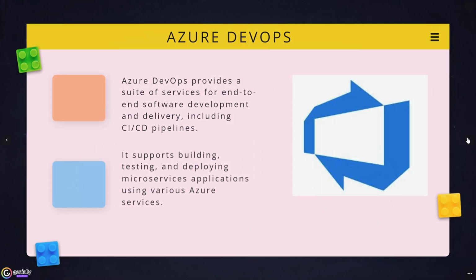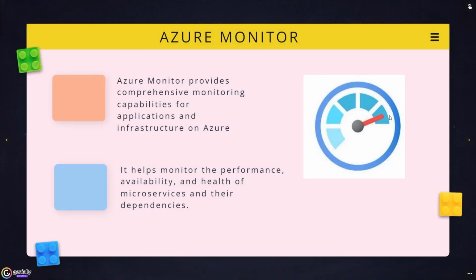Azure Monitor provides comprehensive monitoring capabilities for applications and infrastructure on Azure. It helps monitor the performance, availability, and health of microservices and their dependencies.